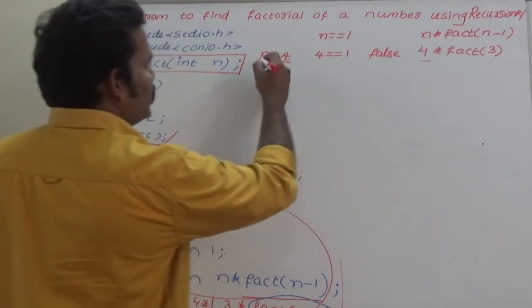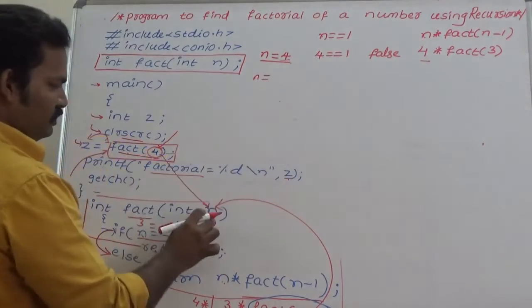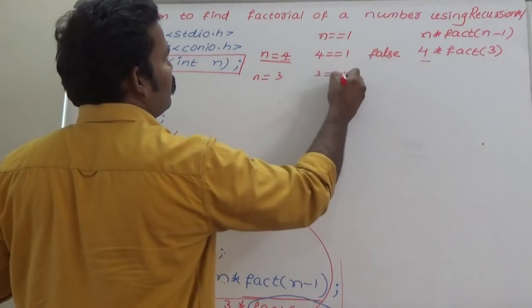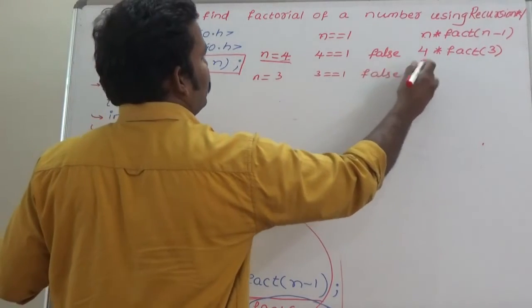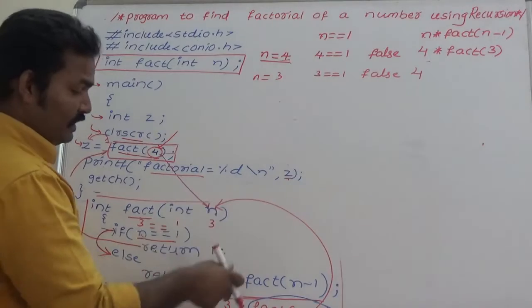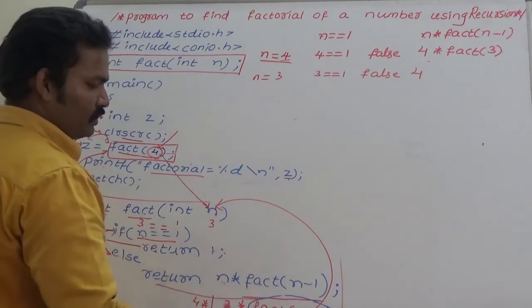Listen, n is equal to 3 now. Is 3 equal to 1? False. So what is it returning? 3 into fact of 2.